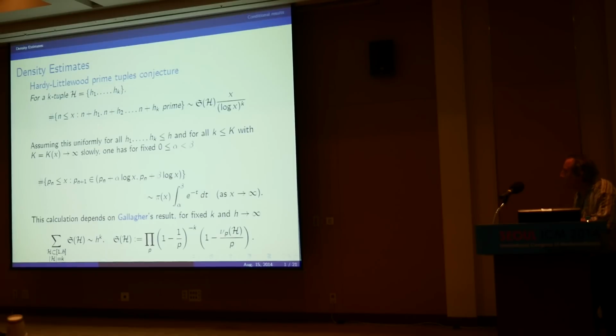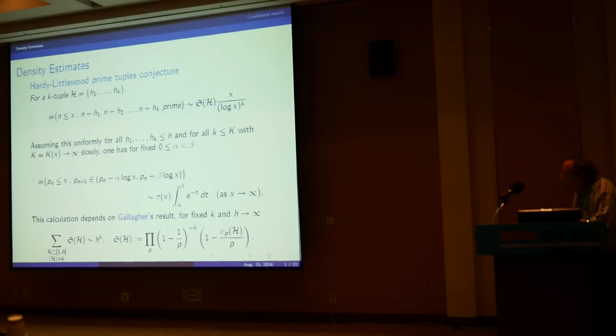And this result basically depends on the Gallagher result that the average value of the singular series, which was also defined in Dan's talk, is 1. So this is the number of gaps that is predicted by the Hardy-Littlewood prime tuples conjecture.